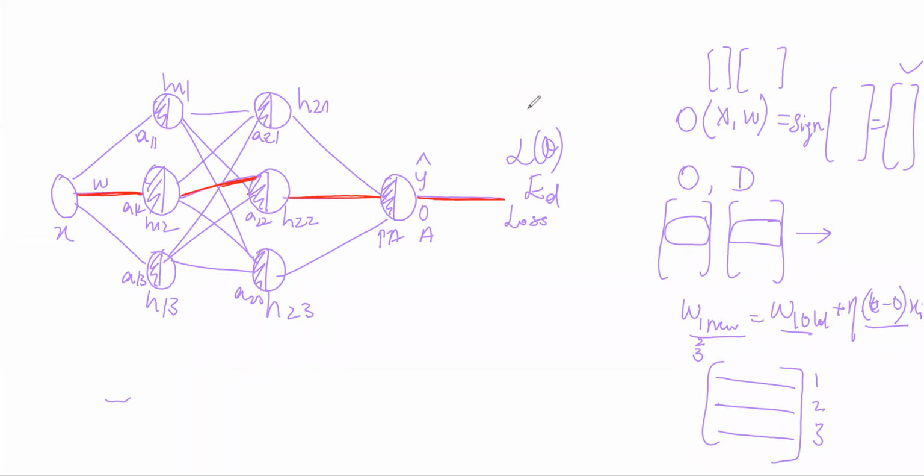So from the machine's perspective, first the loss is calculated. Obviously, I know my loss is 1 by 2 summation of k equal to 1 to n, of (t minus o) into xi. This is my loss function. So I have calculated my loss function.